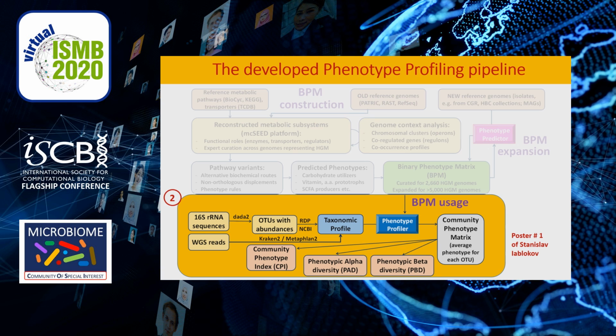Input data are either 16S or shotgun reads, which are converted to taxonomic profiles by standard tools, and the Phenotype Profiler tool, which we developed, calculates the community phenotype matrix, which is an average phenotype for each species in the taxonomic profile, and finally calculates three metrics: community phenotype index, which is a percentage of pathway holders, phenotypic alpha diversity, which is the alpha diversity of carriers of a particular phenotype, and also phenotypic beta diversity.